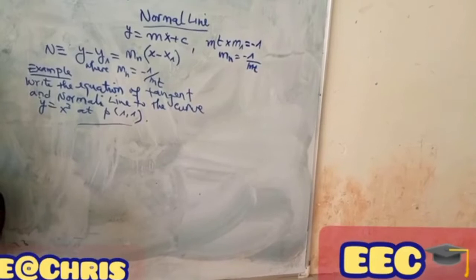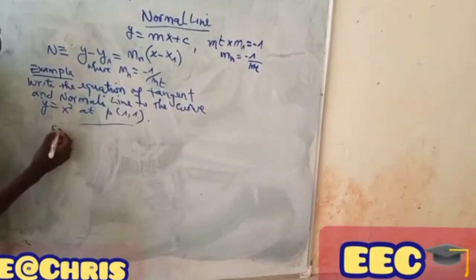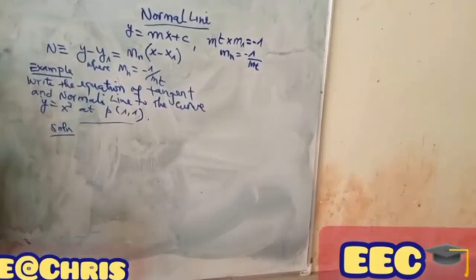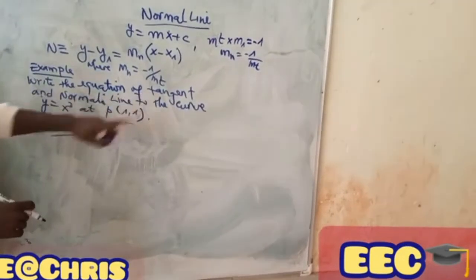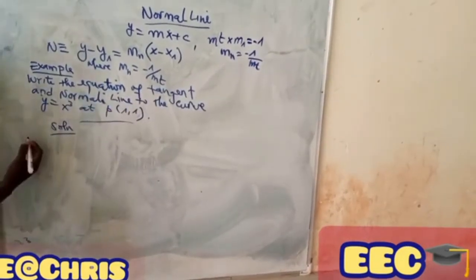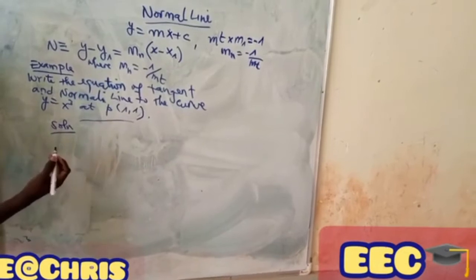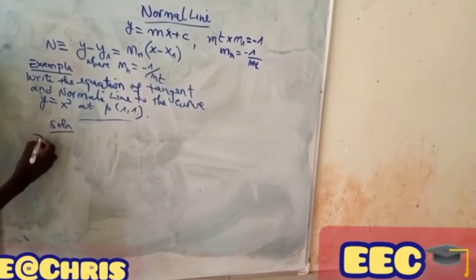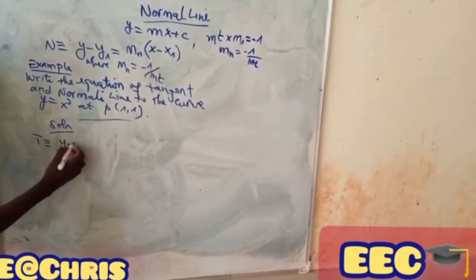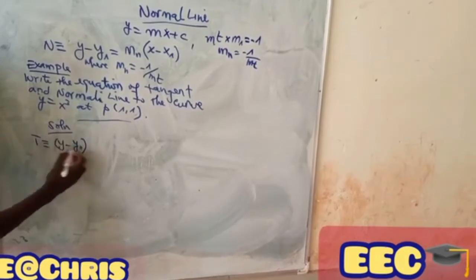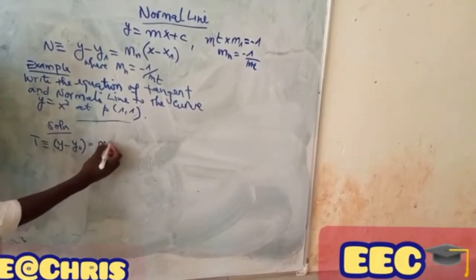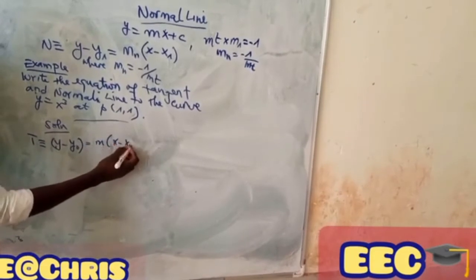Here, if we are asked to calculate the tangent and normal line, we have a formula for the tangent, which is y minus y0 equals m times x minus x0.